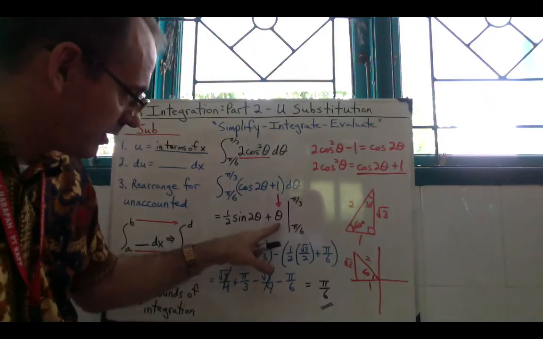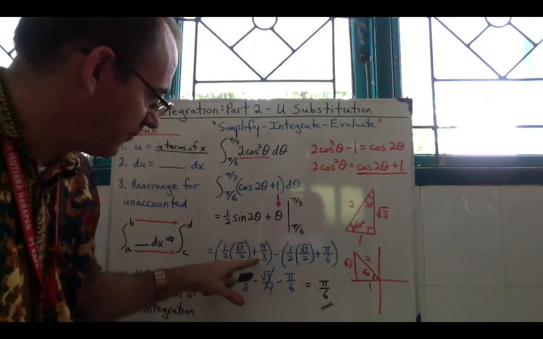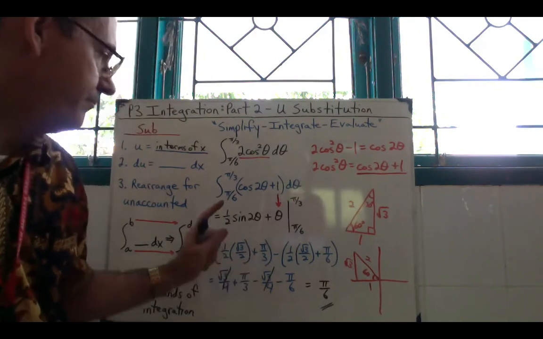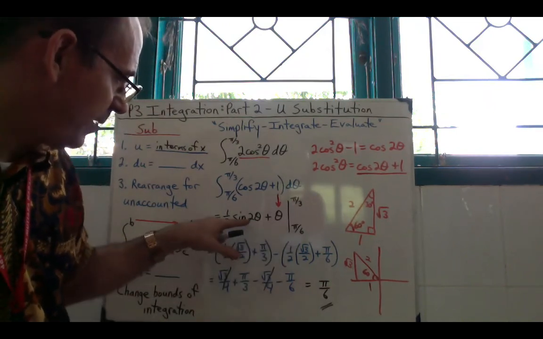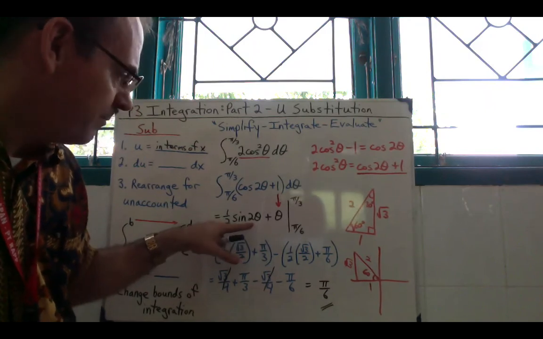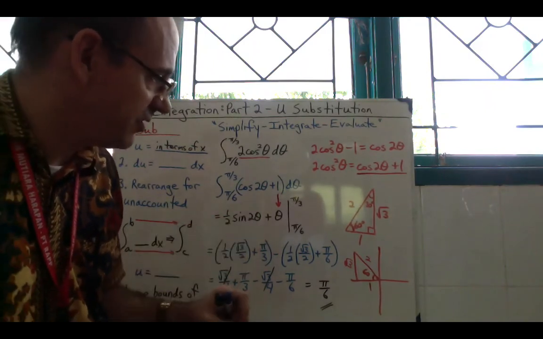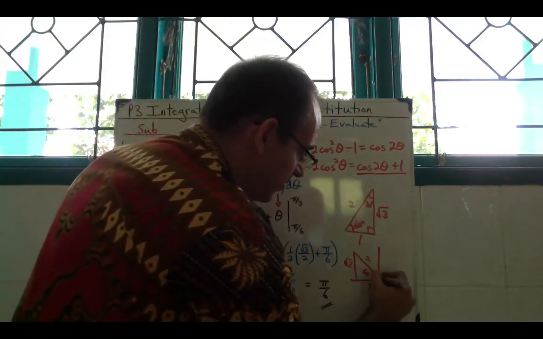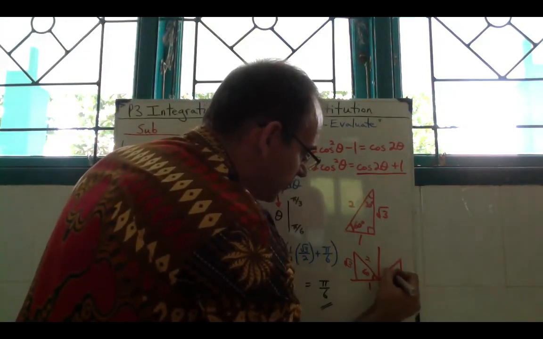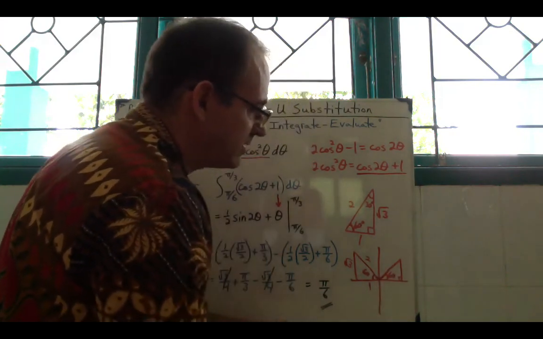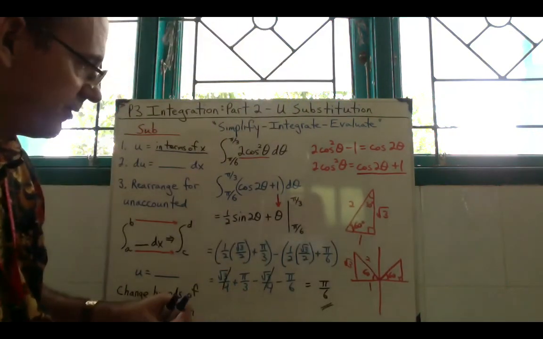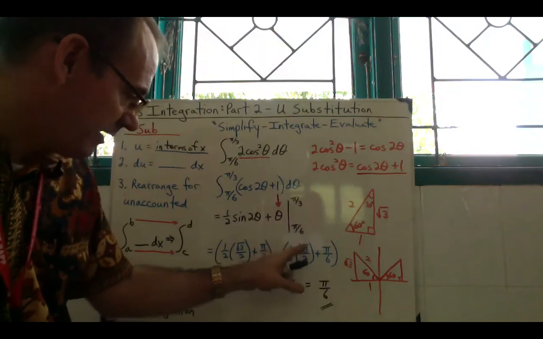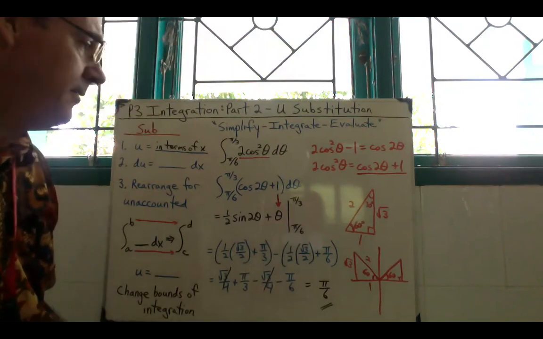Then we put the pi over 3 in for the theta, minus, and then we put the pi over 6 in. The pi over 6 makes 2 pi over 6, which reduces to pi thirds, which is a 60-degree angle in the first quadrant, which is still positive, and it's still root 3 over 2. So we have the 1/2 times root 3 over 2 again.